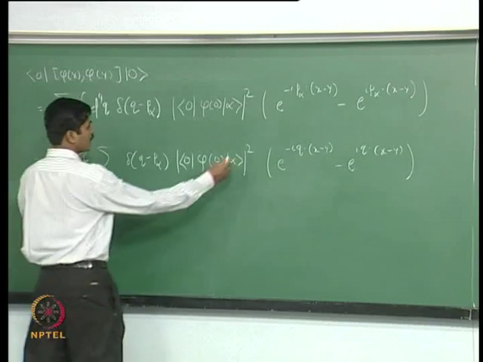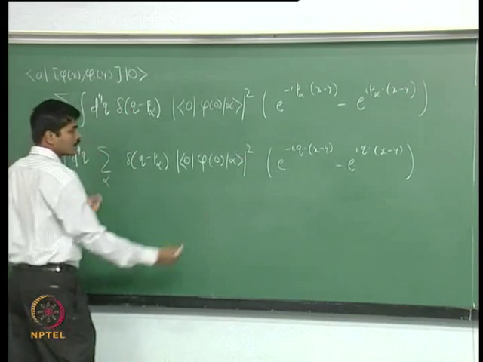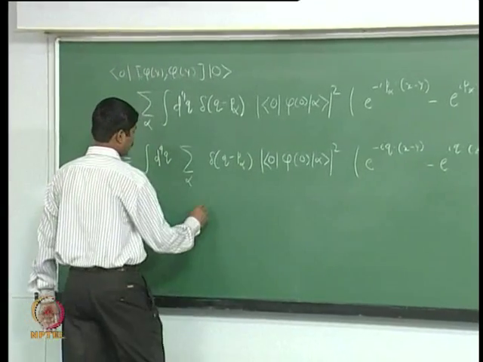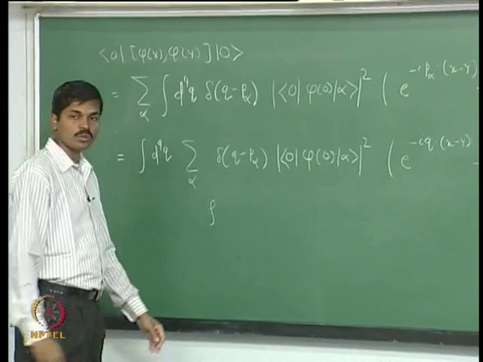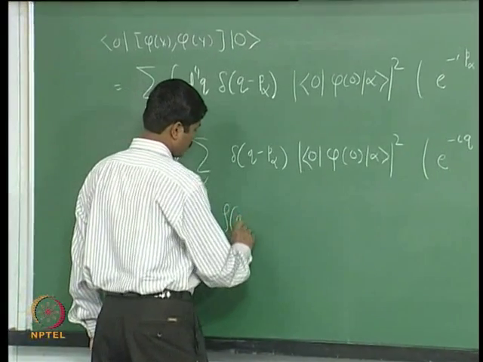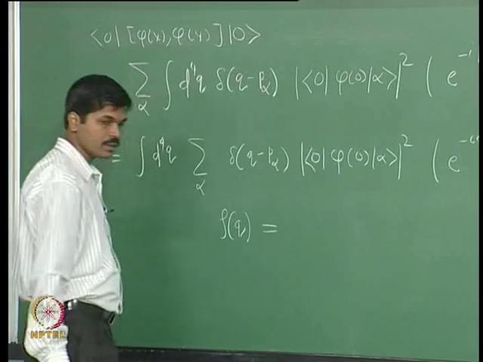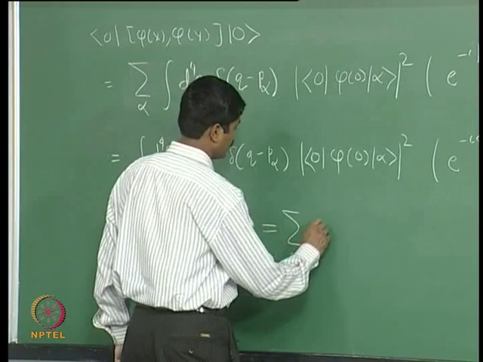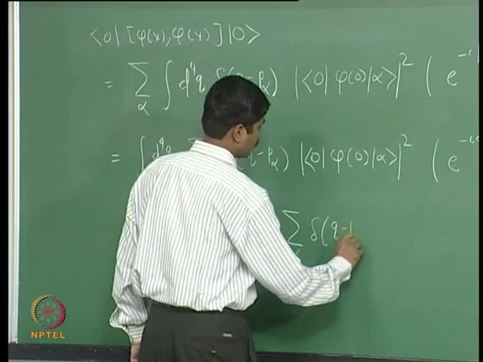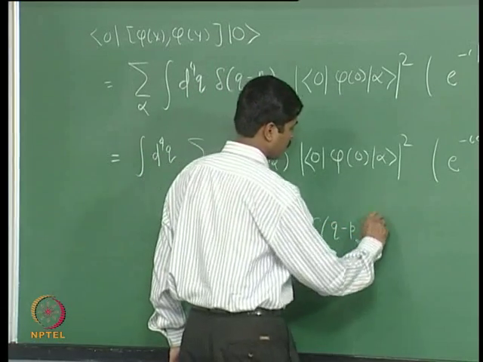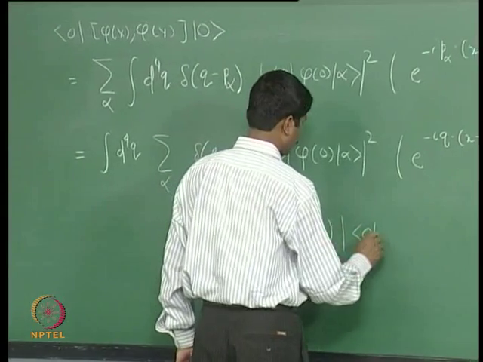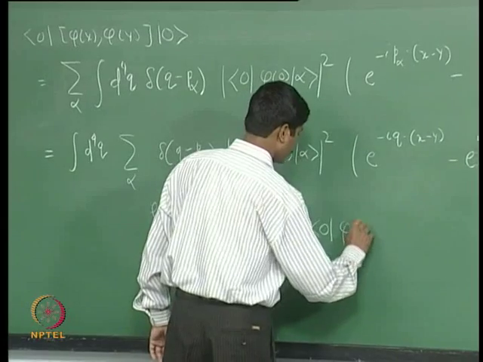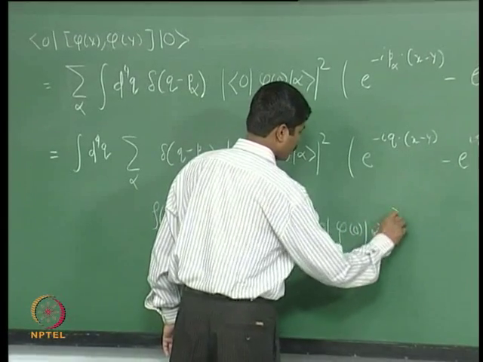Now, the only alpha dependence comes in this term here. So, it is already summed over alpha. I will introduce a function rho of q, which is known as the spectral function. Rho of q is the sum over alpha of delta of q minus p alpha, times the expectation value of mod phi of 0 alpha squared.